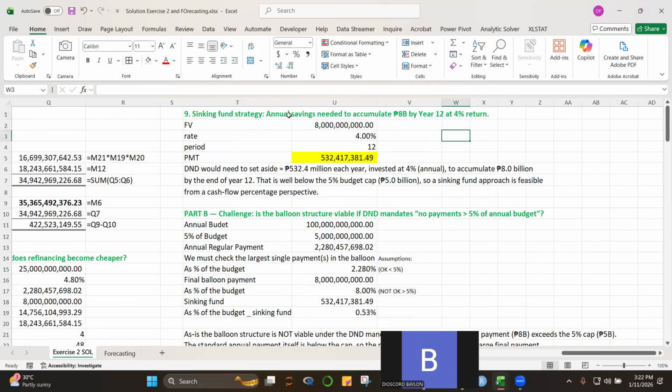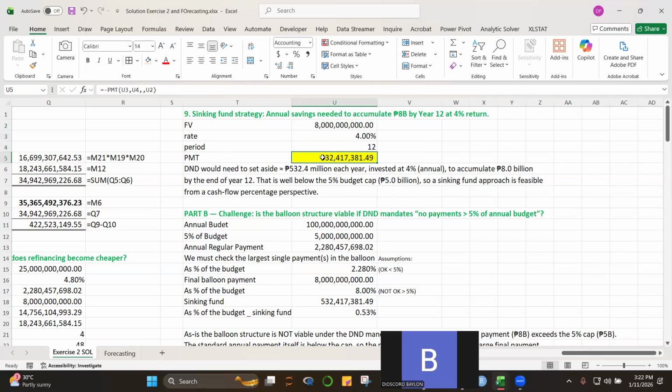Okay? So ang question, ano yung sinking fund na yan? Well, time value of money din, no? Ang kailangan natin ma-raise at the end of the 12-year period is 8 billion. So in effect, we're creating a fund in order to have that 8 billion at the end of 12 years. Ang binigay na rate is 4% annual, okay?